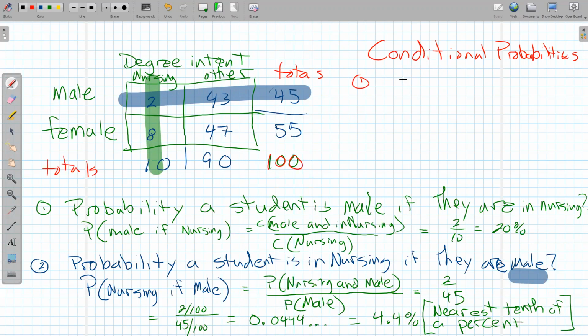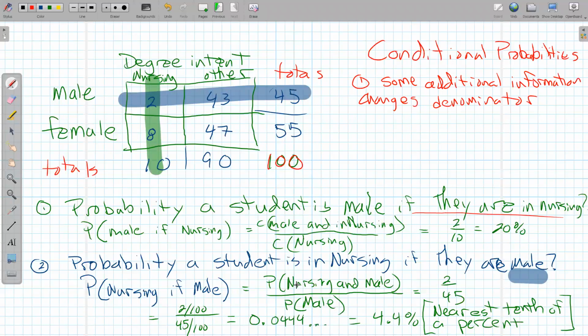Some additional information changes the denominator. That additional information was if they were nursing over here, if they were male. And that gave us a denominator of 10 here and 45 there, instead of the 100 for the whole group. So that's one big consideration for a conditional probability.